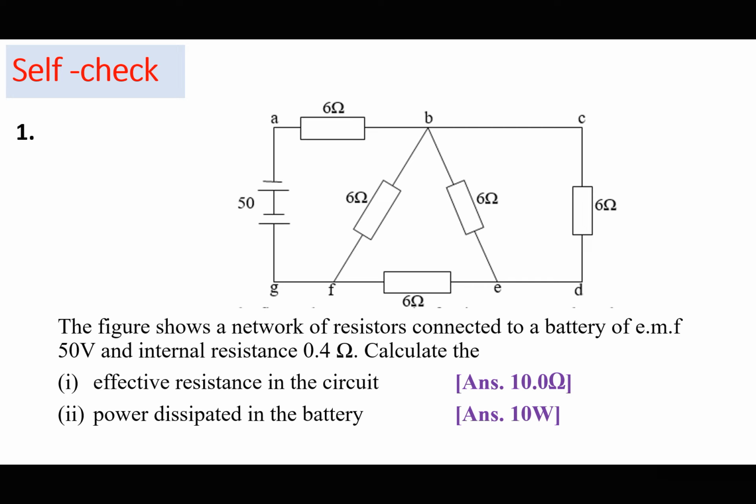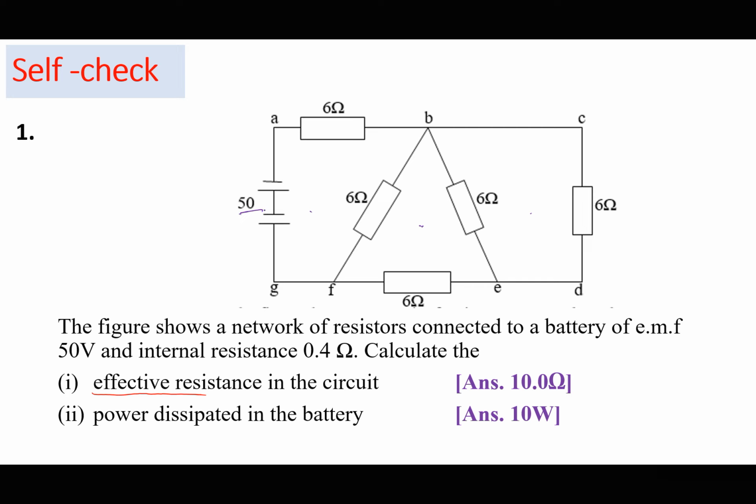This question, you can solve using both Kirchhoff's laws and simple combination. Find the effective resistance. You can try to use Kirchhoff's laws if you are now very confident with them. Of course, if you are using Kirchhoff's laws, there is no cell here, so EMF here will be 0, EMF here will be 0, EMF here will be 50, depending on the direction of the loops you choose.